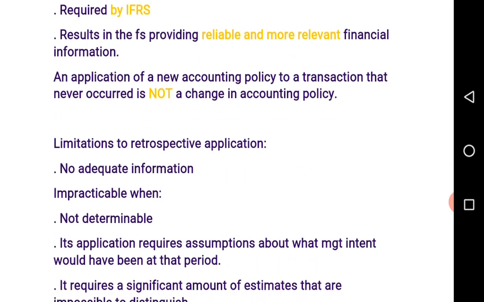Limitations to retrospective application: no adequate information is part of the limitation. Impracticable when the amount cannot be determined, the date cannot be determined. Assumption about what management intent would have been in a past period, which I gave an example, 2005, cannot be determined.